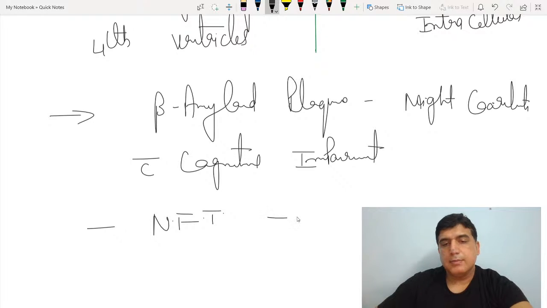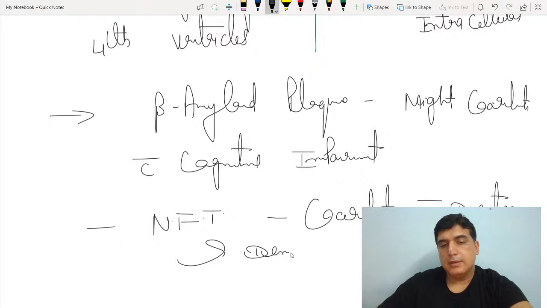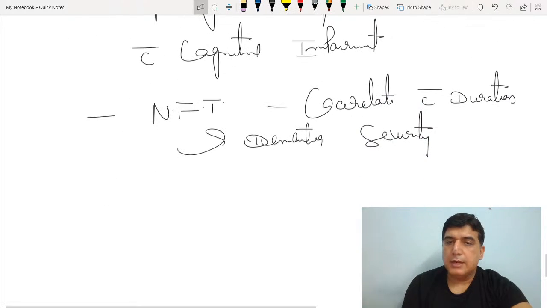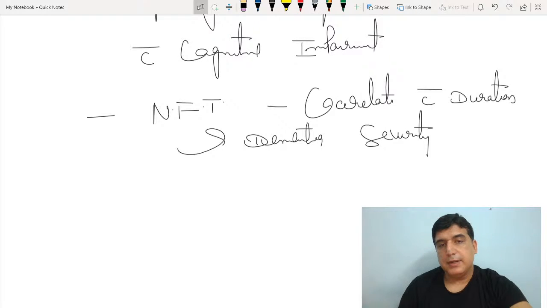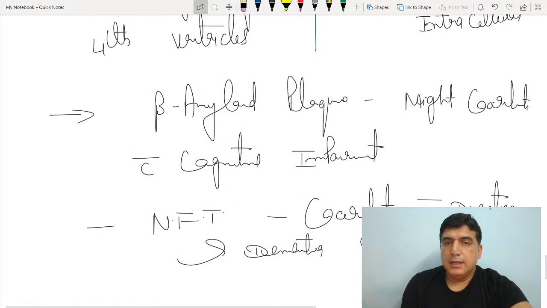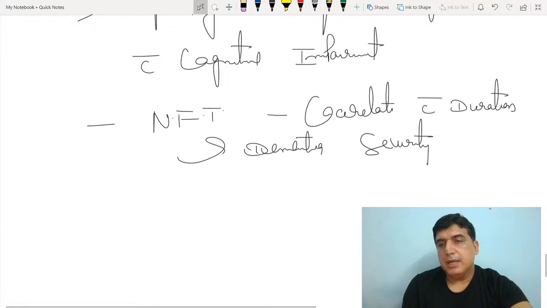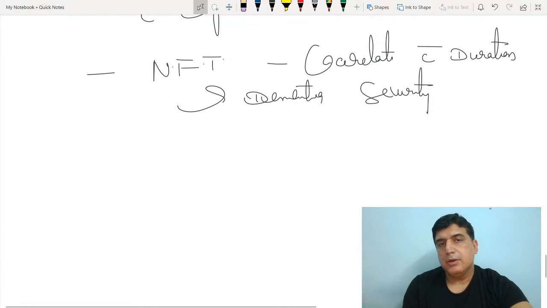Neurofibrillary tangles correlate with duration and dementia severity. So beta amyloid plaque might correlate with cognitive impairment. Neurofibrillary tangles correlate with duration and dementia severity. That point you have to remember, that they are asking. Okay.